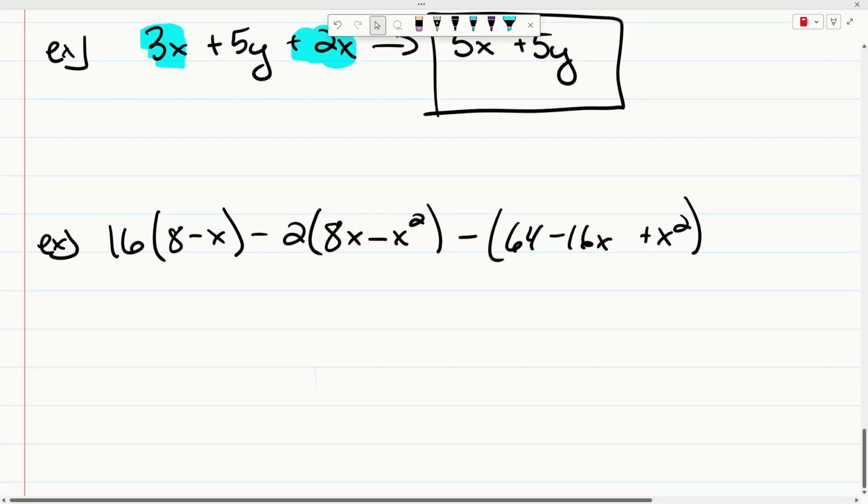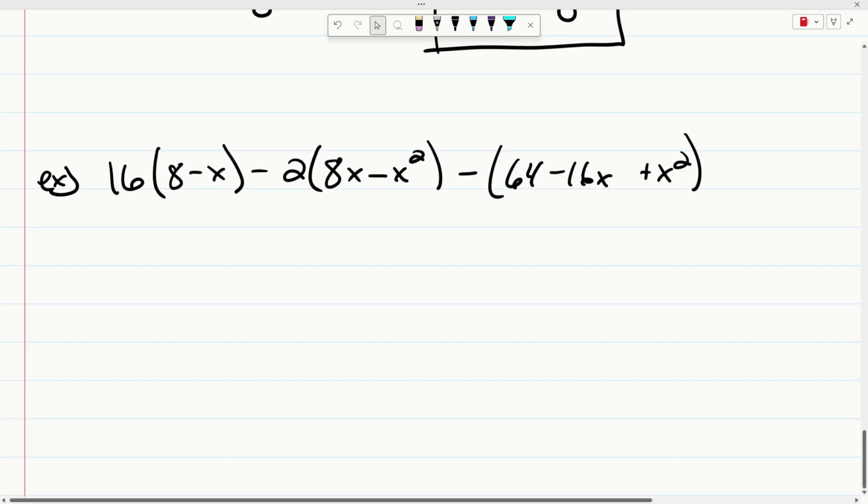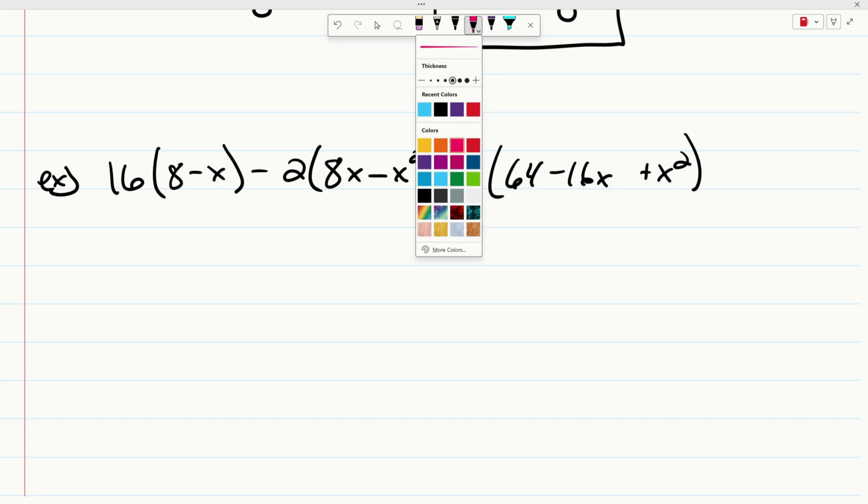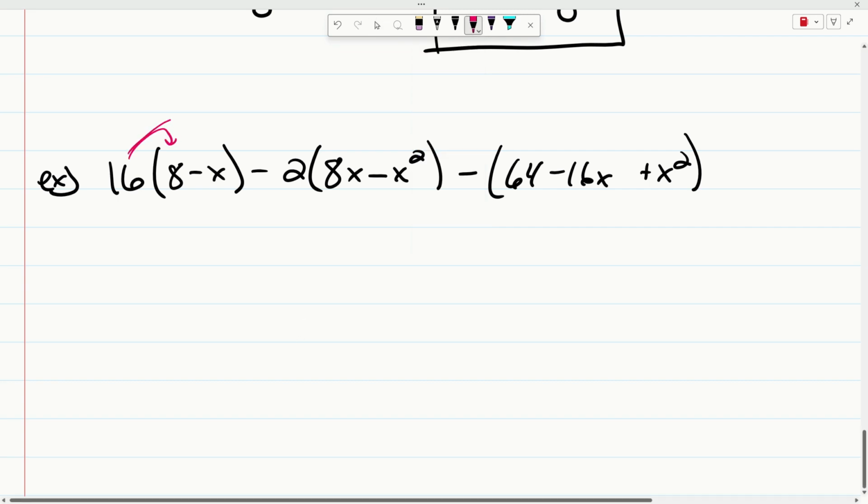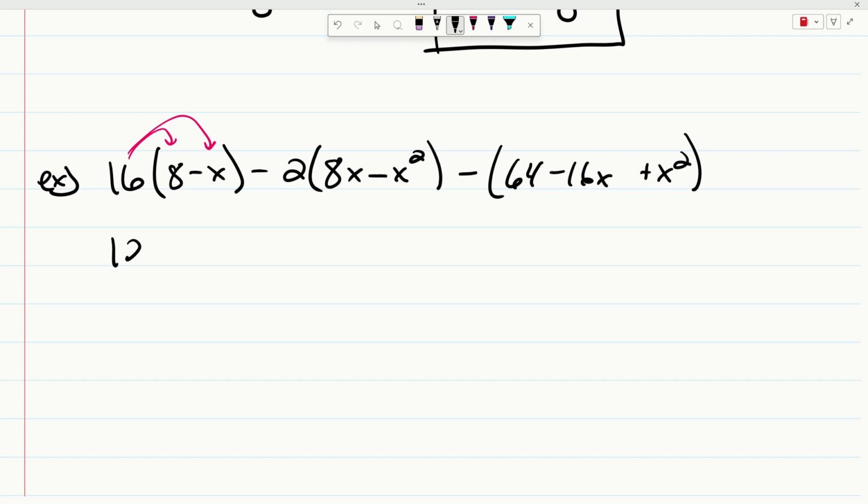All right? Well, remember, fall back on your algebra skills. First thing we notice, we see parentheses. How do we remove parentheses? Hopefully you're sitting there in your seat going, well, you got to distribute. So I'm going to go ahead and distribute. So 16 times 8, that is 128, minus 16x.